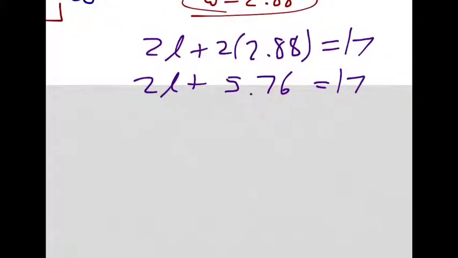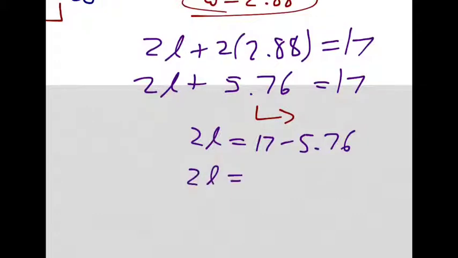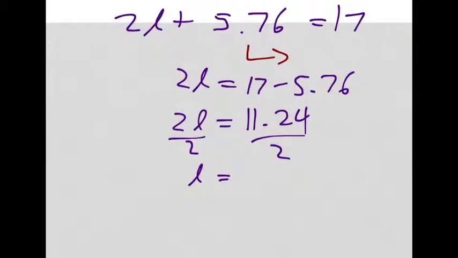Bringing this over, 2L equals 17 minus 5.76. That is 11.24. Divide out the 2. That would be 5.62. Yes!